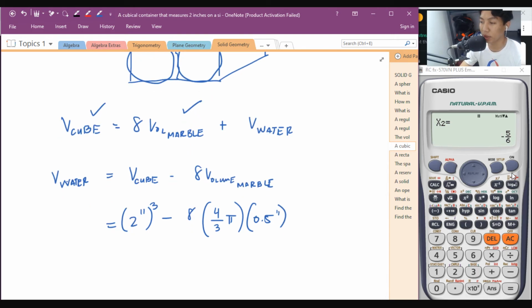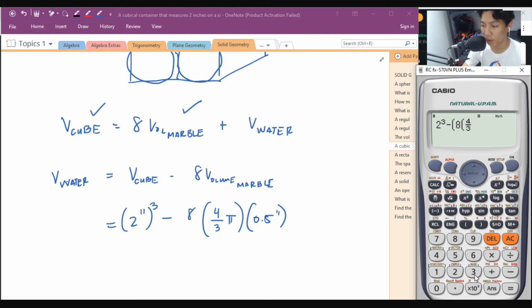Okay, let's return our calculator to mode 1. Okay, that's fine. So, 2 cube minus 8 times 4 over 3. The pi should be up here.